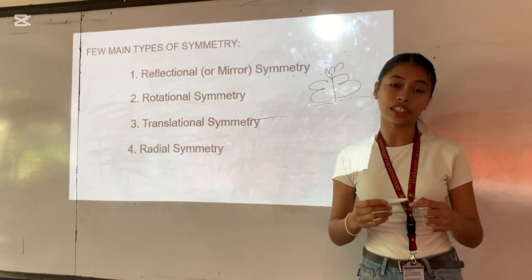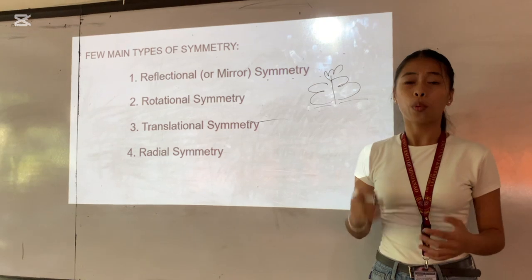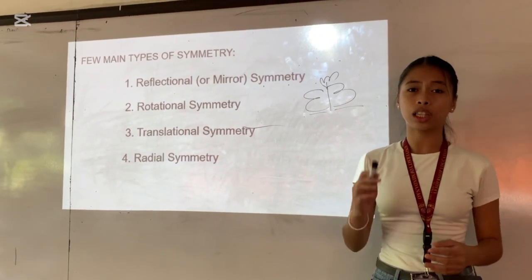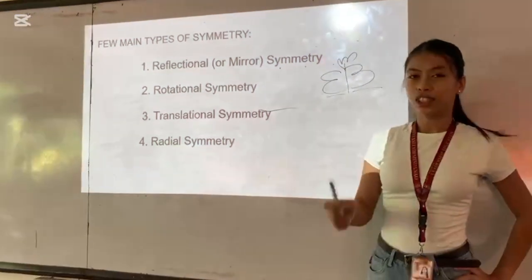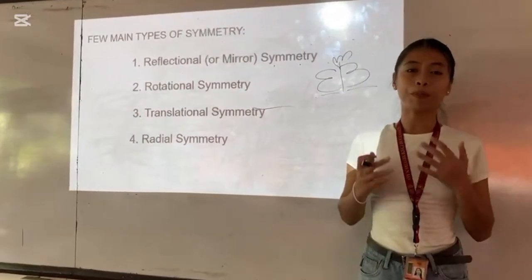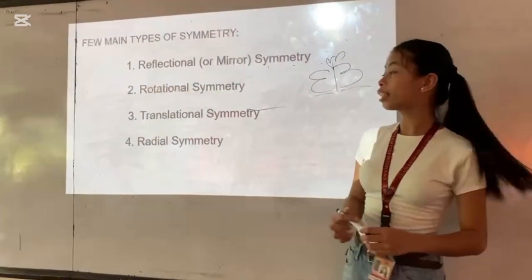Next is rotational symmetry. When we say rotational symmetry, it is when an object or figure, when you rotate it at a certain angle around a central point, looks exactly the same. The third one is translational symmetry. It is when a shape or pattern repeats itself along a straight line. Lastly, radial symmetry.